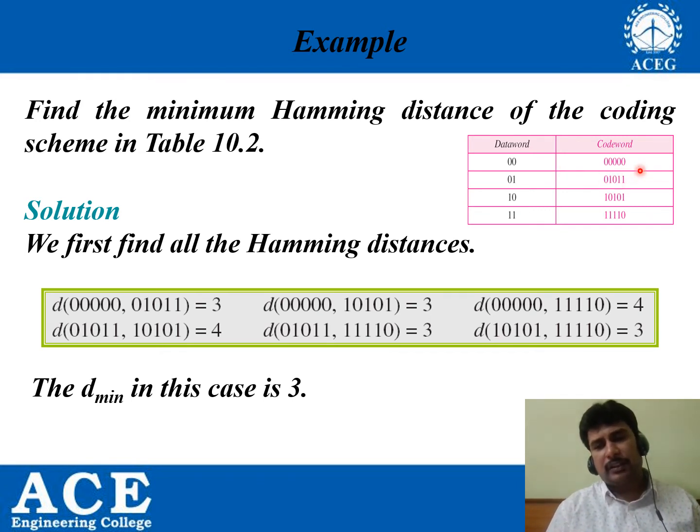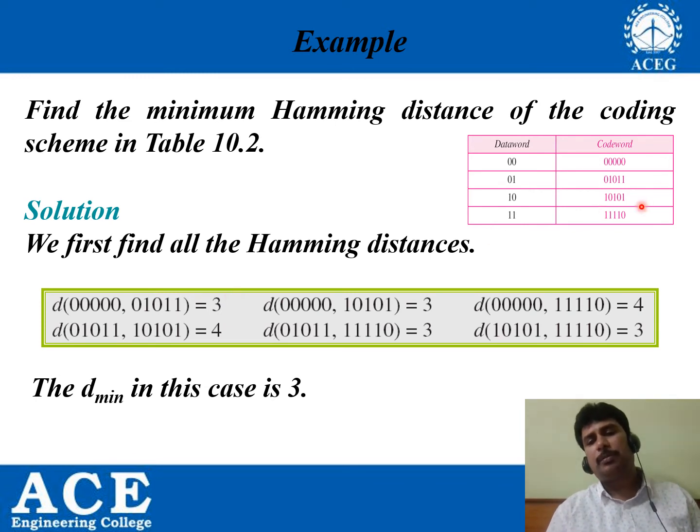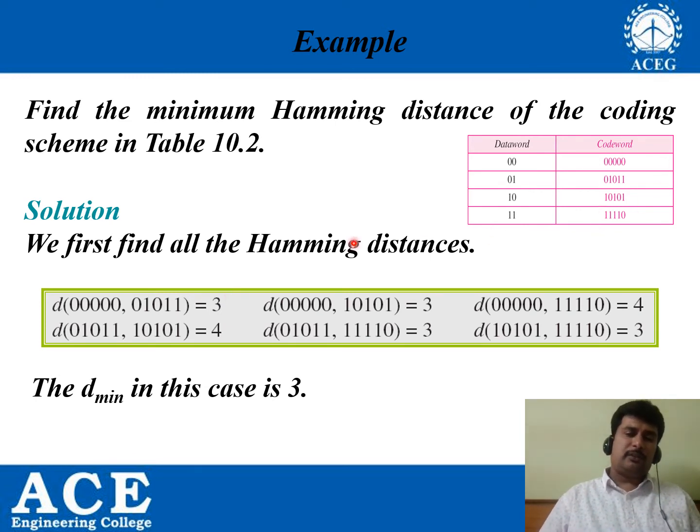So we have different code words like 0 0 0 0 0, 0 1 0 1 1, 1 0 1 0 1 and 1 1 1 1 0. We need to find out the Hamming distance between all the possible code words. First we'll start with 0 0 0 0 0 and 0 1 0 1 1. Now check out here, first bits are 0, 0, second bit is 0 and 1, so it is 1 difference.